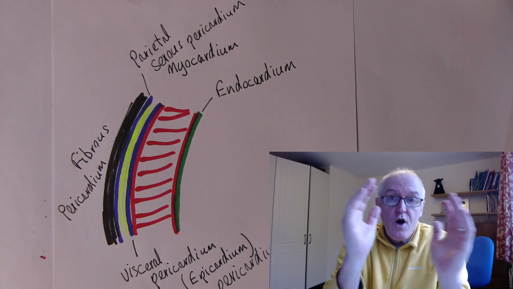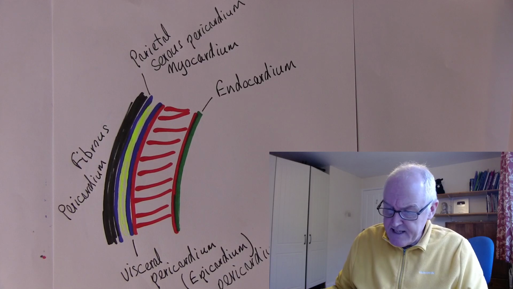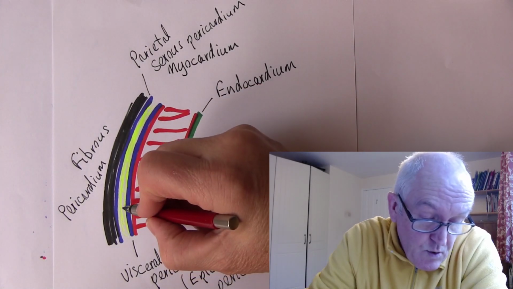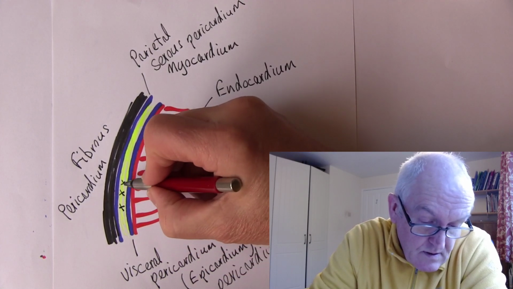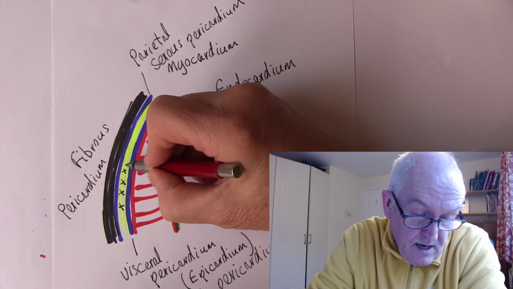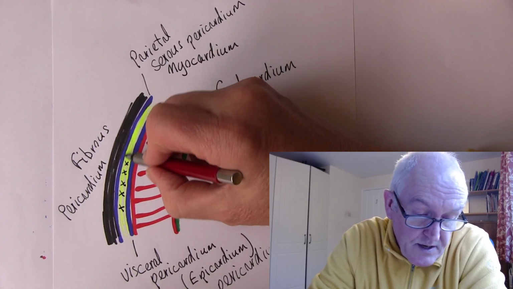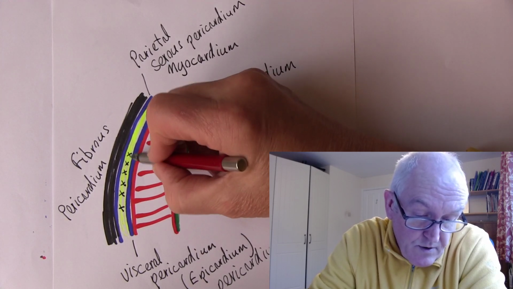So it prevents overexpansion of the heart, which is good. But then, of course, the downside is that you could potentially get fluid accumulating between the parietal serous pericardium and the visceral serous pericardium. You could get fluid accumulating there.